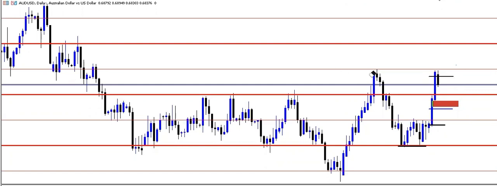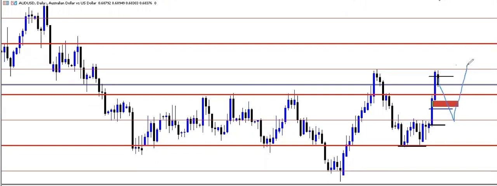But that is if price can give us a retracement up to this zone, then first of all we target this zone.